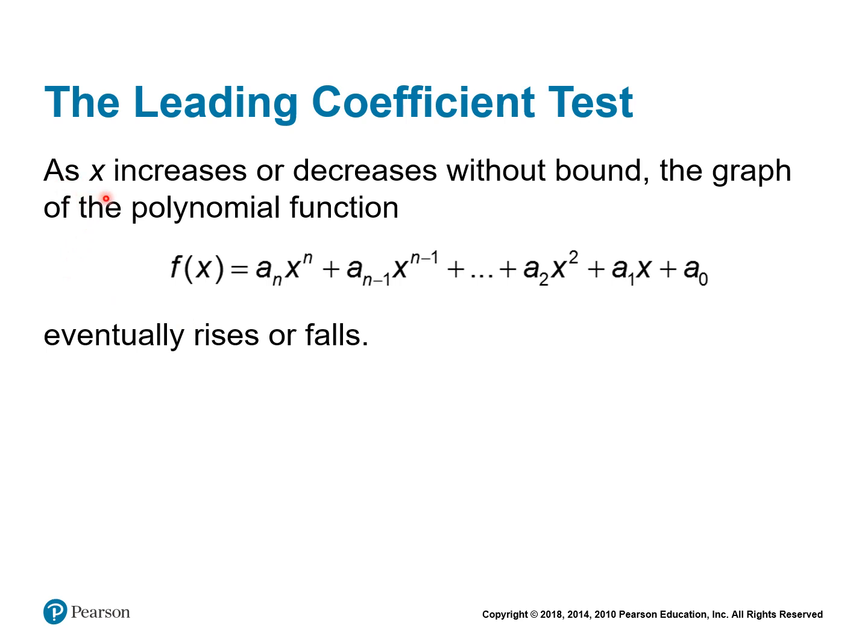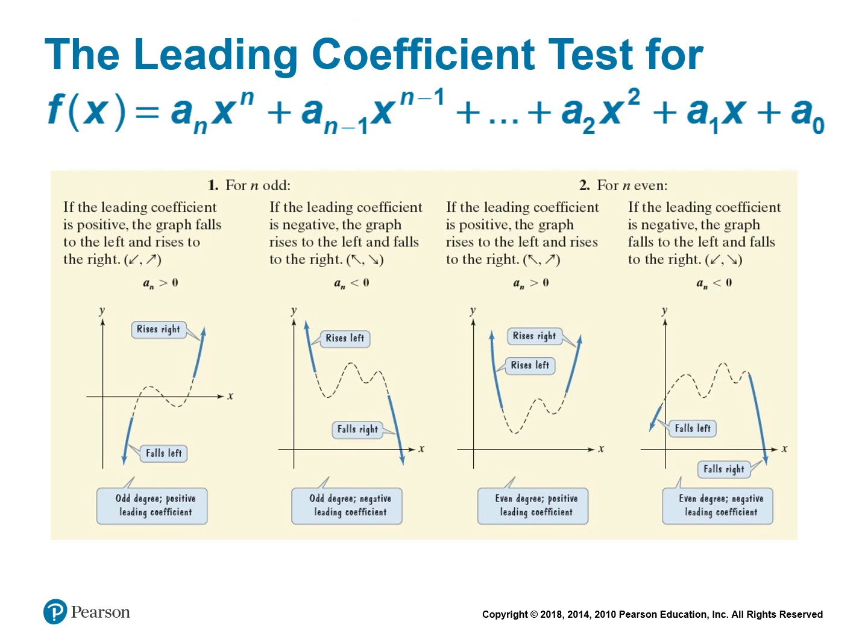So here it says as x increases or decreases without bound, the graph of the polynomial function stated here eventually rises or falls at the ends. Now here we are going to learn how to determine the end behavior of the graphs of polynomials by looking at the leading terms of the function.